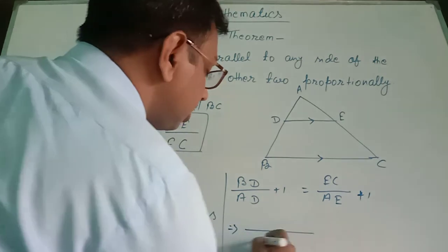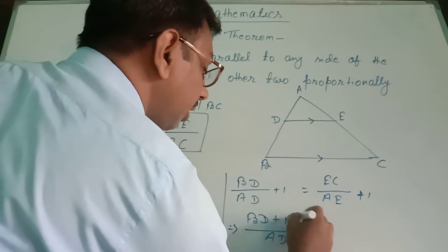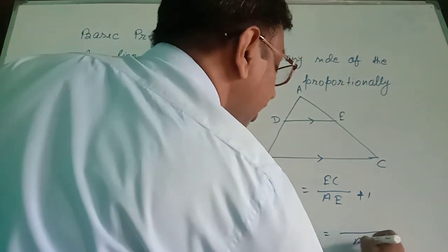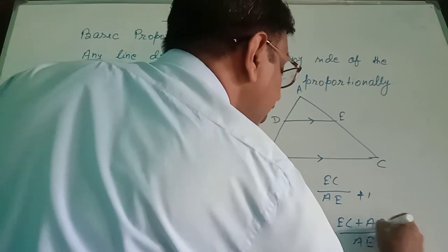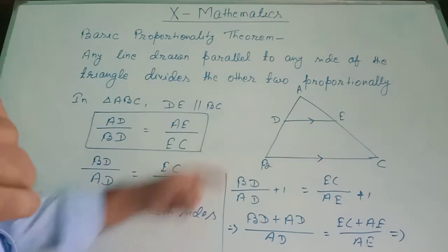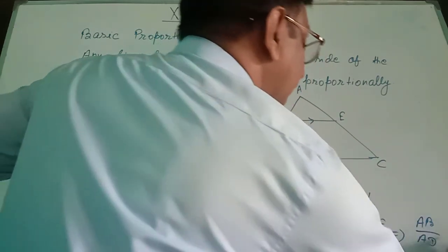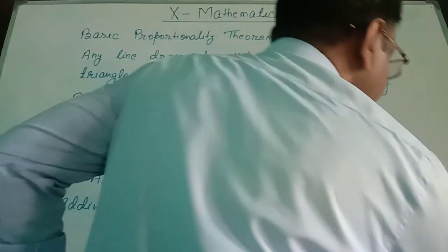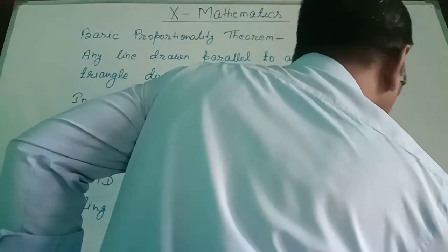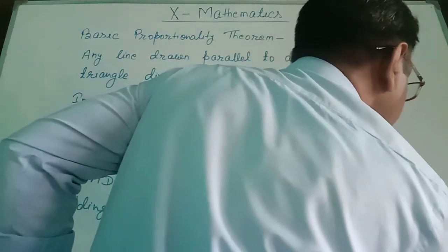You will take LCM, AD, and this will be BD plus AD, and here you will take AE, that is EC plus AE. So BD plus AD will give you AB by AD, and on this side EC plus AE will give you AC by AE. So this is one derivation of the basic proportionality theorem.